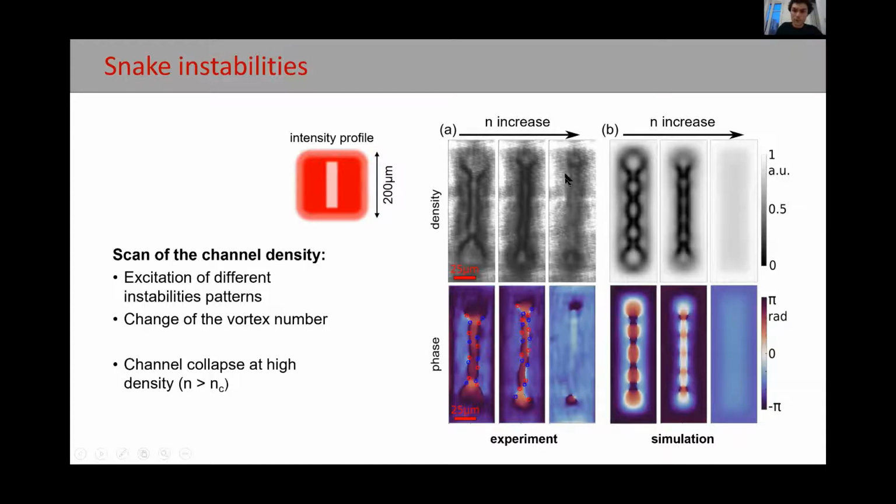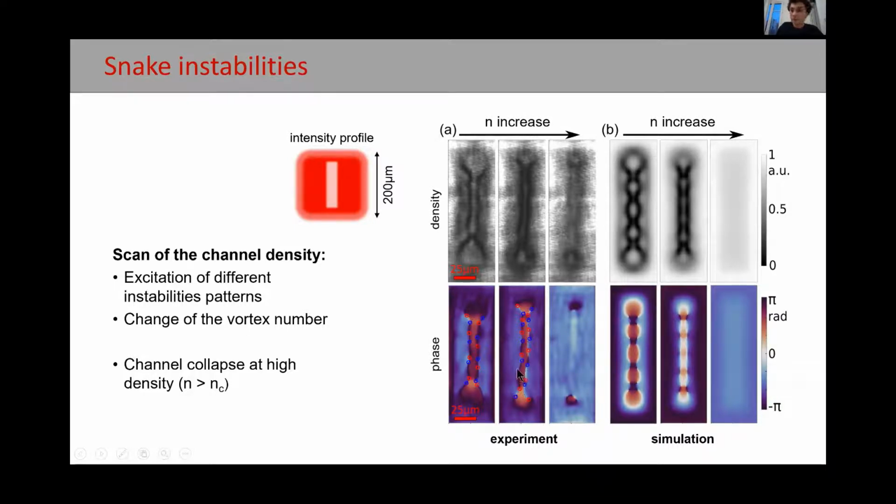From the first to the last picture, we increase the channel density. If you look at the first two pictures, you can see that by doing so we change the vortex-anti-vortex distribution, so we excite different instability modes. Furthermore, we change the number of vortices we inject inside the channel. Here we have 8 vortex pairs, and here we have 10 vortex pairs.